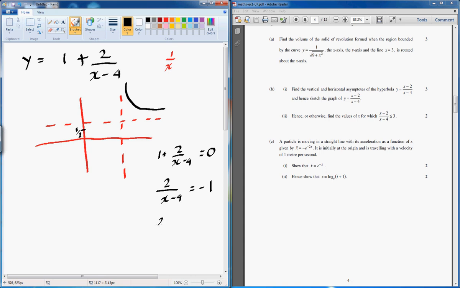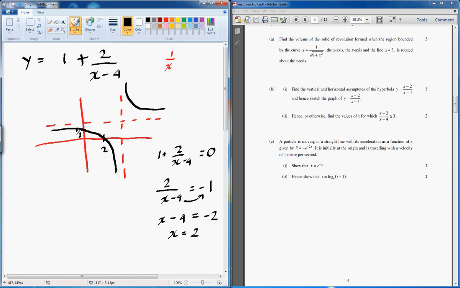Okay, x minus 4 is equal to minus 2. All I did was move that up there and then multiply both sides by minus 1. And therefore x is equal to 2. So that point over there is 2. Let's join the dots up.